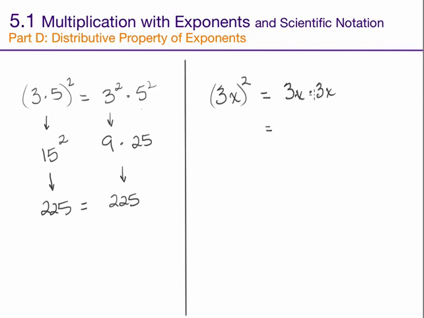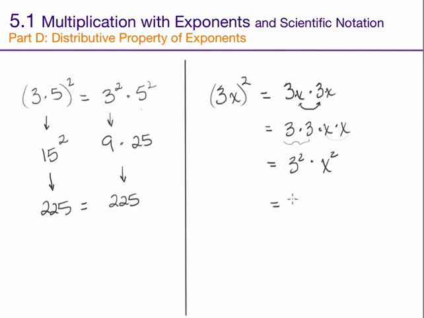This means multiplication too. So these are all multiplied. Using the commutative property of multiplication, I can rewrite this problem as not x times 3 here, but 3 times x, and then times x. And that gives me 3 squared times x squared.